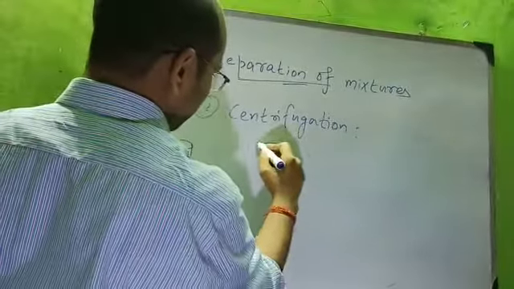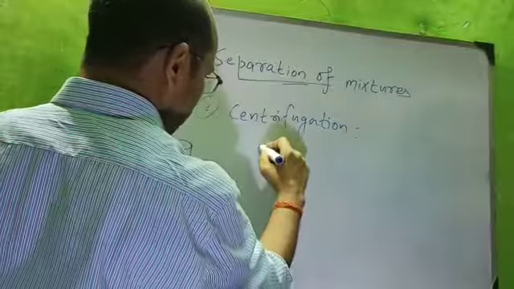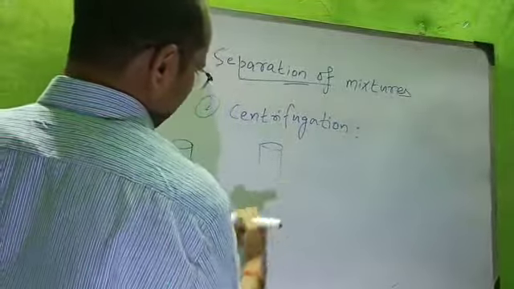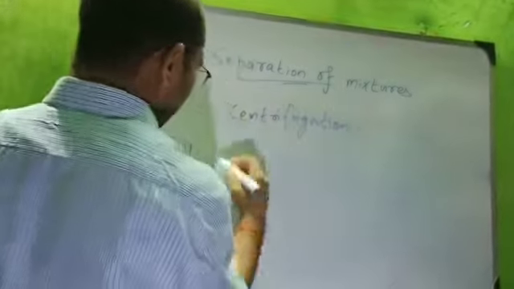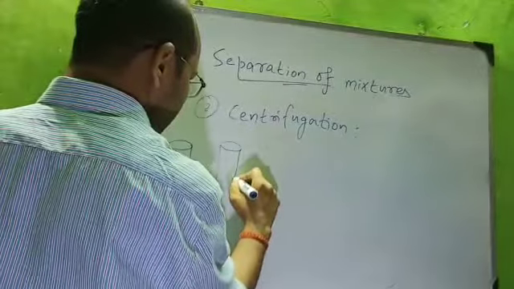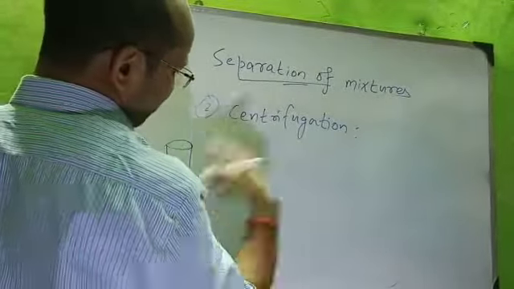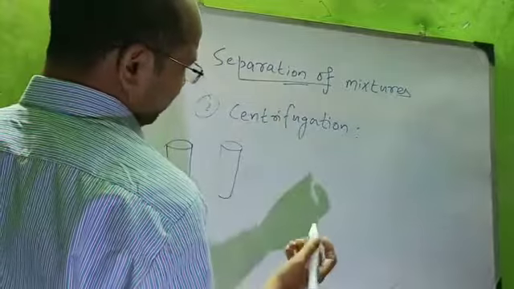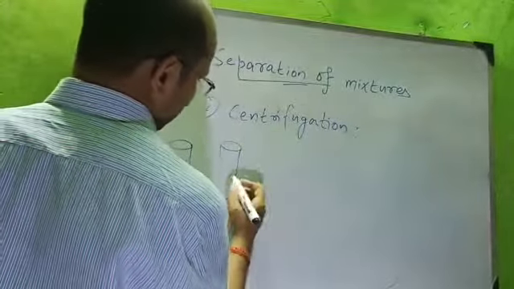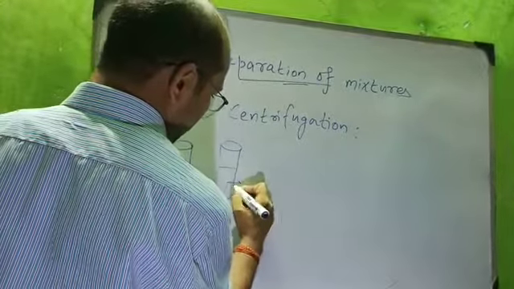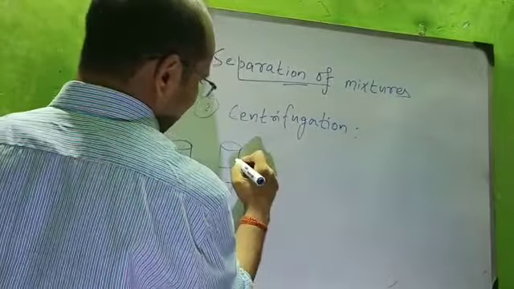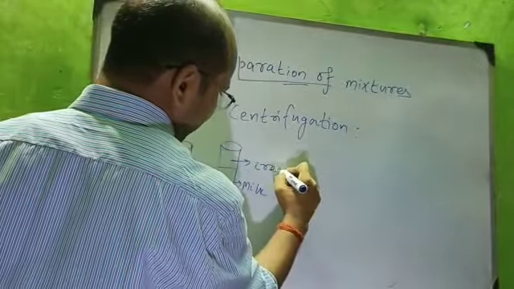Suppose there is a tube. In this tube we are taking milk. If we place milk in it and do the process of centrifugation, then due to this process what will happen? We'll get milk over here and the cream over here.